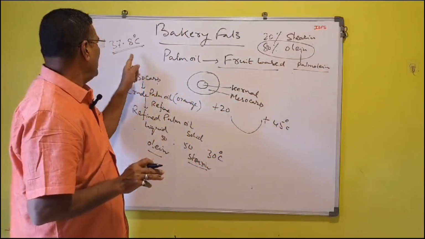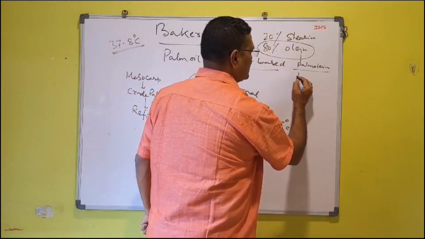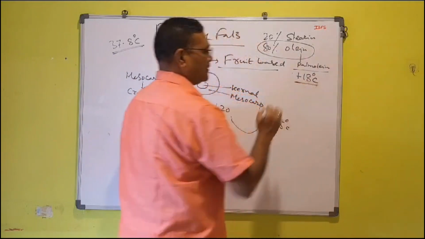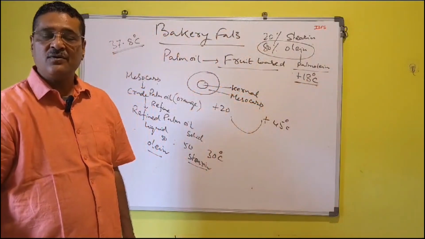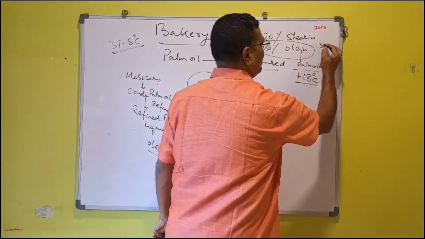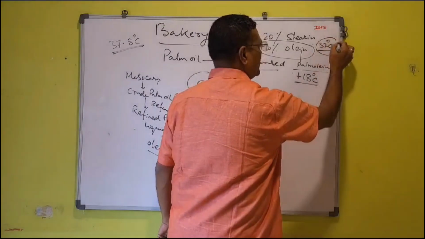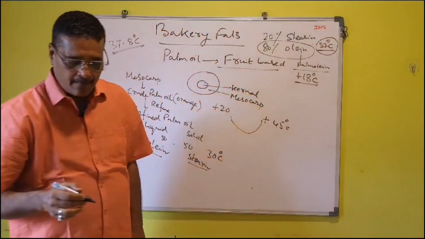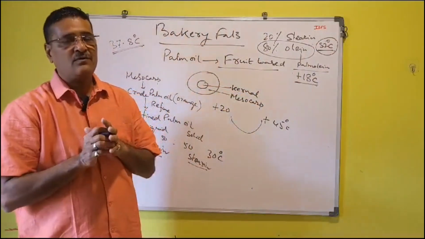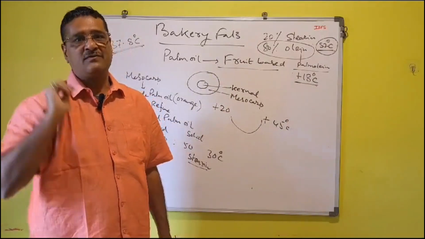Now, what is the melting point? The melting point of palm olein is +18 degrees centigrade. Interesting to note that the stearine melting point is 52 degrees centigrade. This is very important to understand. If you are having food in a restaurant which has been cooked with palm olein, after a certain time you get a white coat on the surface of the product.